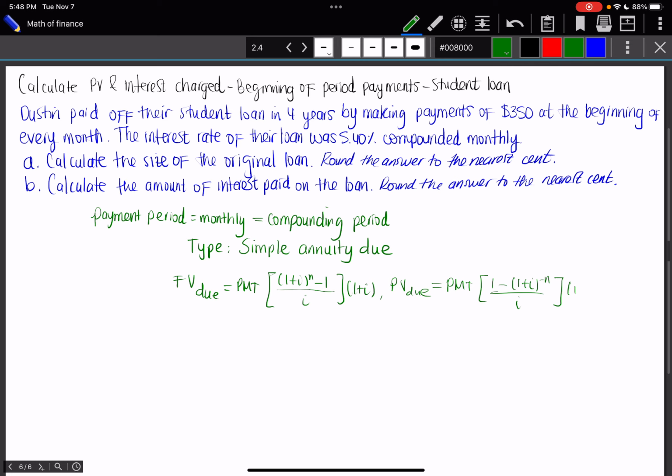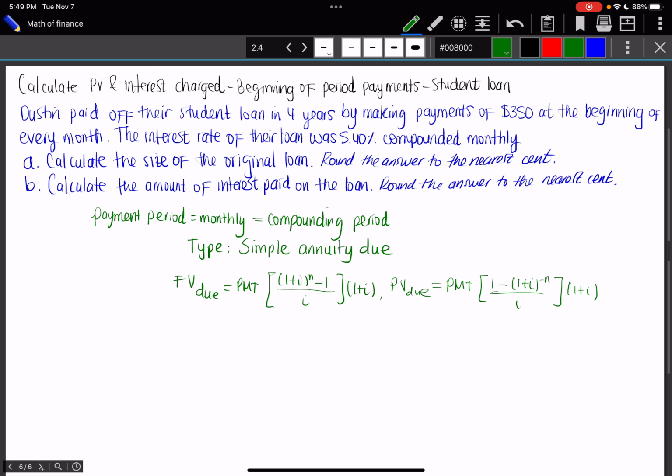This should be a 1 plus i. Here, PMT is the amount of the periodic payment of the annuity, i is the periodic interest rate, and n is the total number of payments during the term of the annuity.